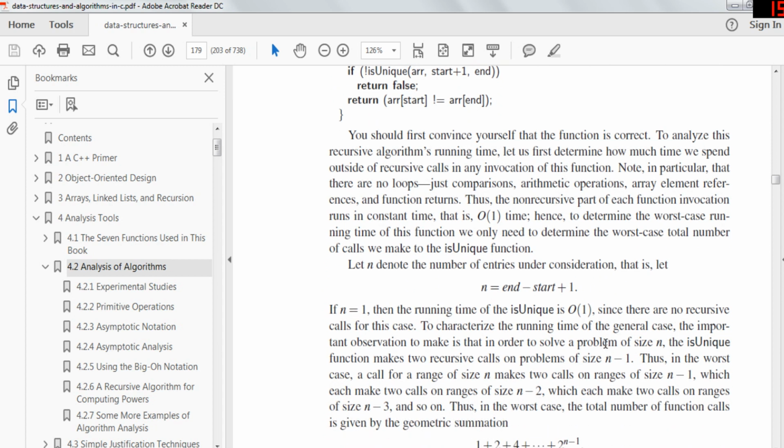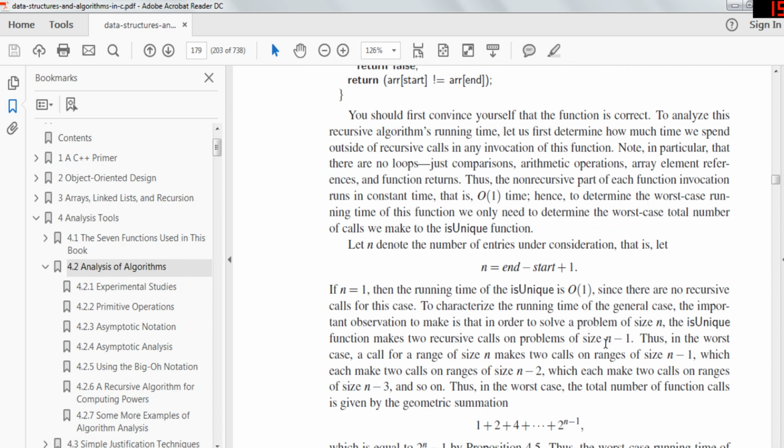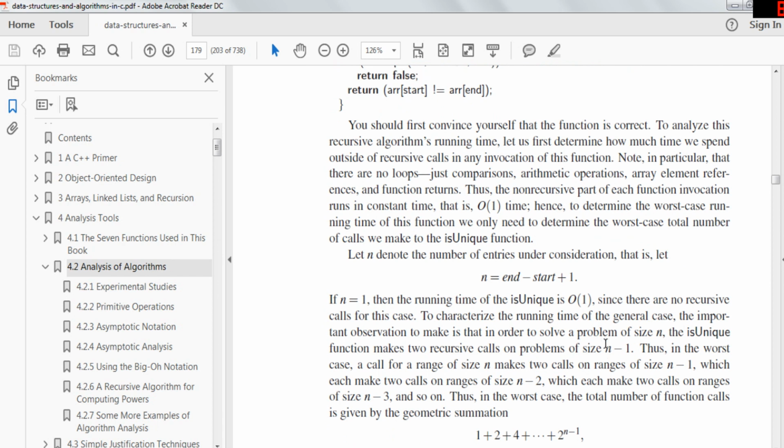Let n be the number of elements under consideration, so let n equal end minus start plus 1. If n is 1, then the running time of the algorithm is constant, since there's no recursive call.